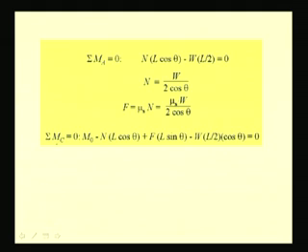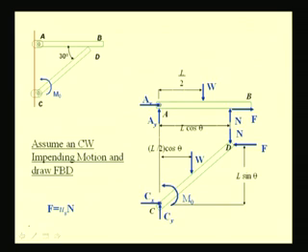Now, let us sum the moments about C. So, if we sum the moments about C, we have M naught, the moment of this weight which is W times L by 2 cos theta, and the moment of this force N, whose moment arm is L cos theta, and the moment arm for this frictional force F is L sin theta.